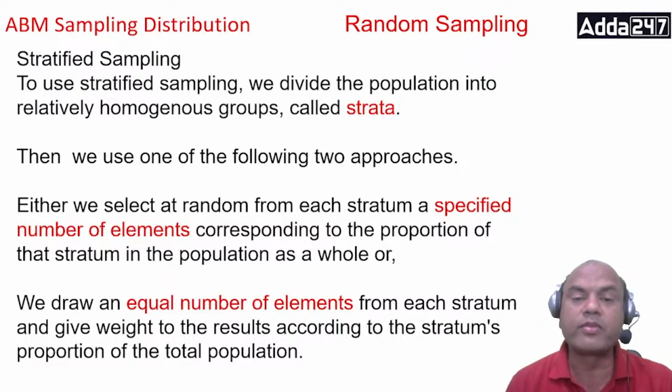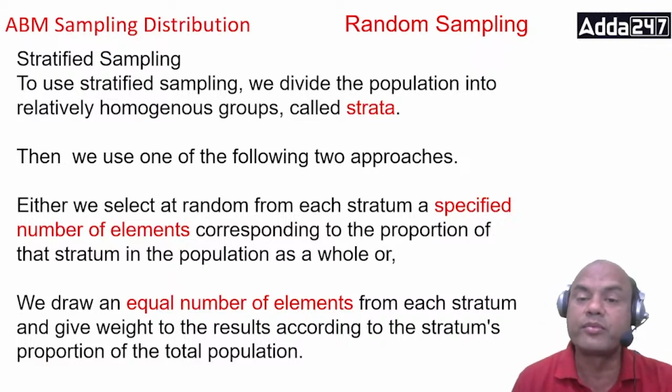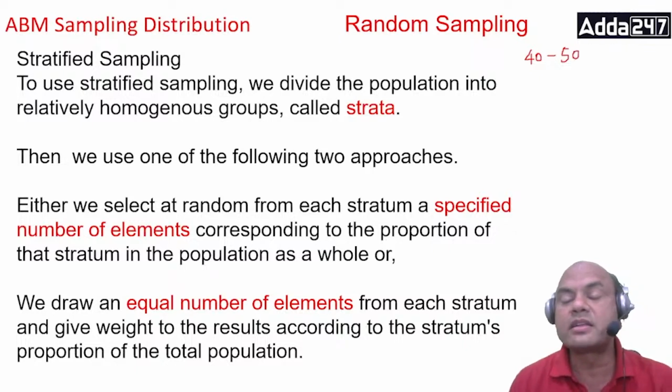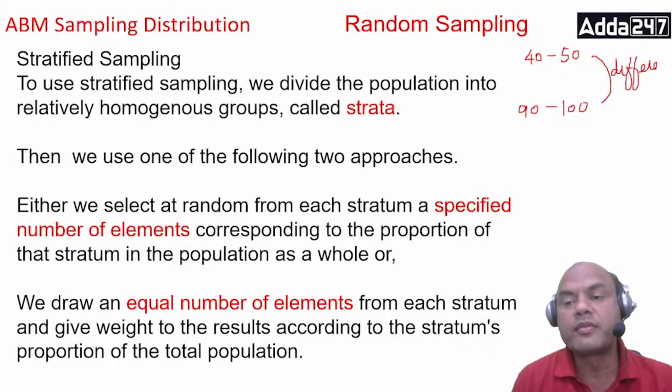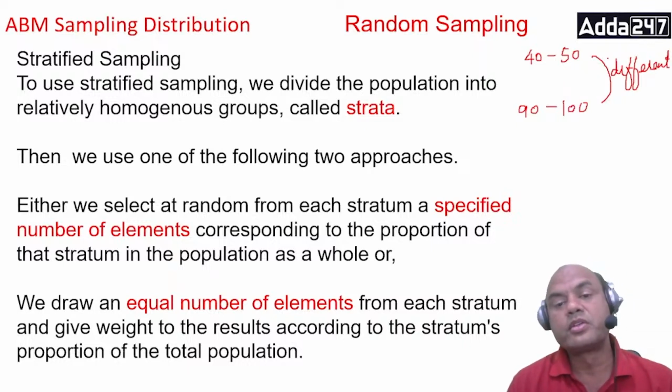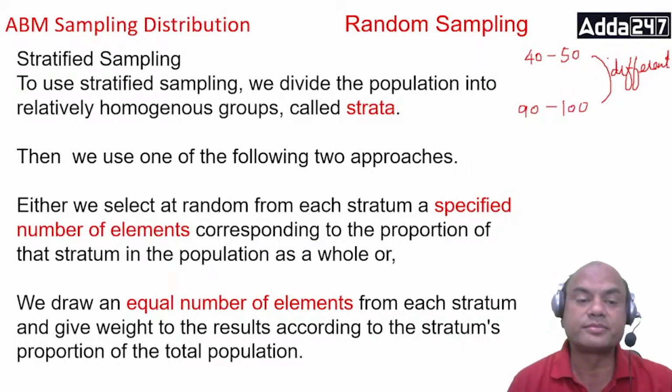Suppose somebody has a percentage of 40 to 50; they will think in a similar way. But the one who has a percentage between 90 to 100, the thinking of these two groups will be totally different. But within the groups, they will always think similarly. So this is known as homogeneous.